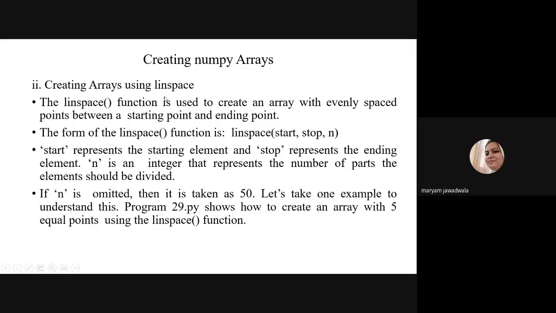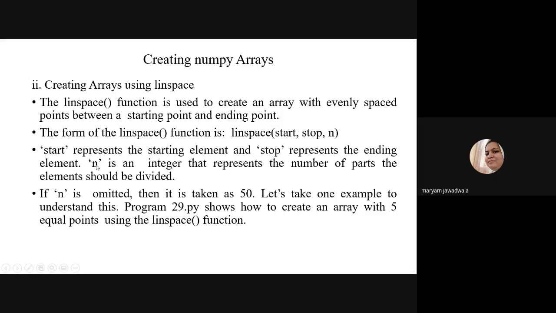The linspace function is used to create an array with evenly spaced elements between a starting point and an ending point, right? So even distribution of elements takes place using the linspace function. So how can we use the linspace function? In this way: linspace with three arguments, start, stop, and n, right? Here start represents the starting element and stop represents the ending element.